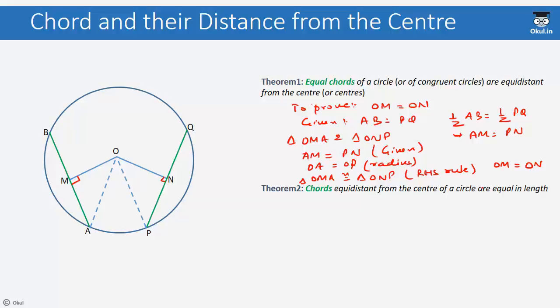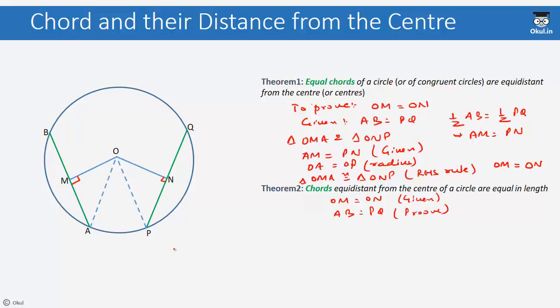So we have the chords AB and PQ again, and it has been given this time that they are equidistant from the center, that is OM is equal to ON, and we need to prove that the two chords are equal, that is AB is equal to PQ. So this is given and this is what we have to prove.